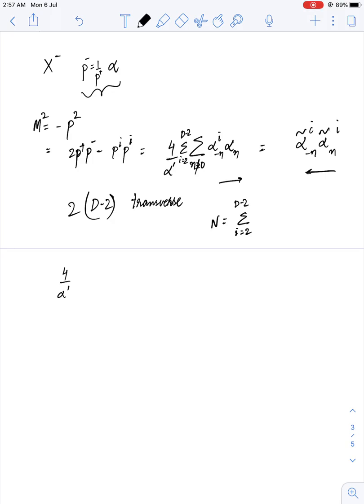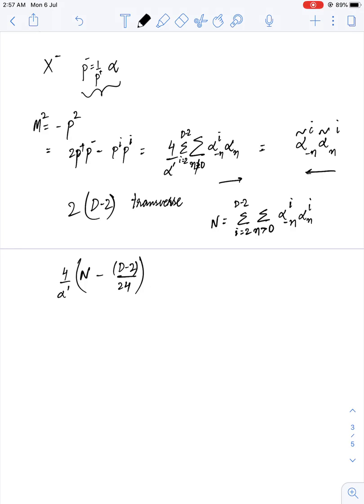I don't remember it, but this one I'm pretty sure, because for negative n it becomes a creation operator, and for positive n it becomes an annihilation operator. Minus, I forgot this one as well, d minus 2 by 24, I guess.